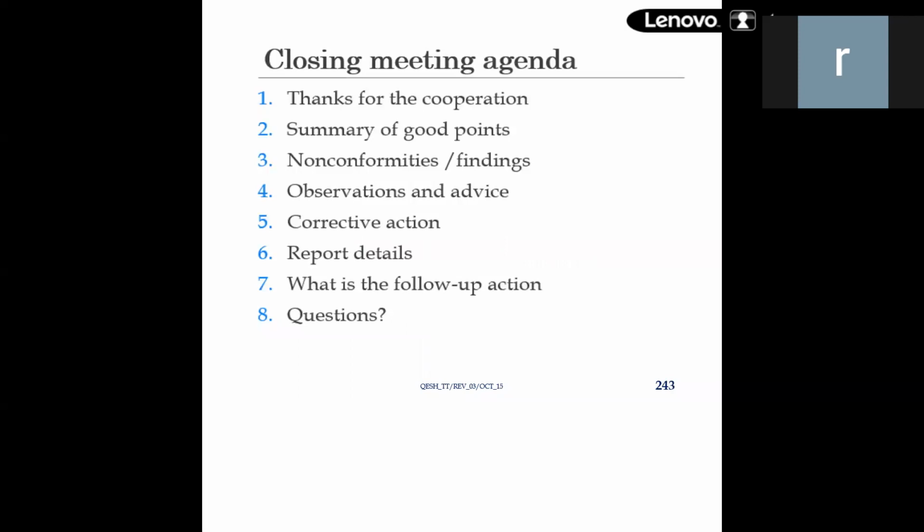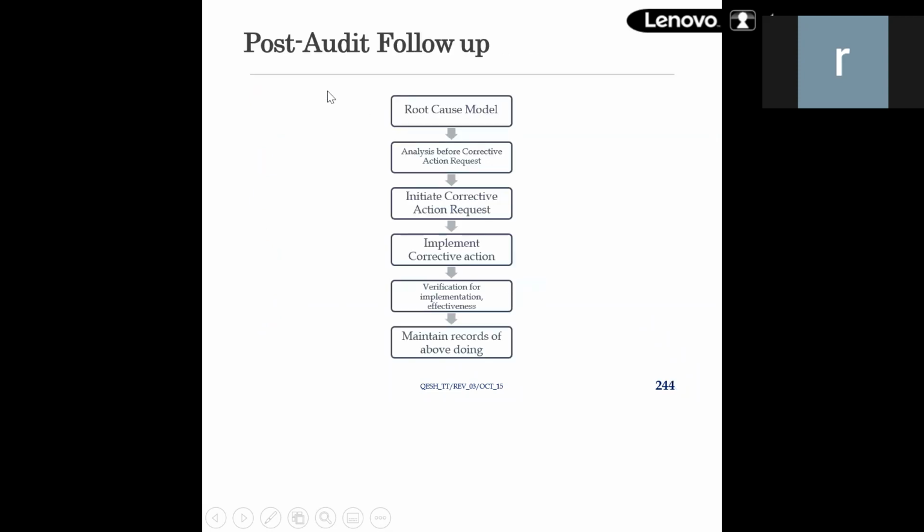Okay, so the agenda: thanks for the cooperation, summary of good points and conformity findings, observations and advice, corrective action, report details, what to follow up, and questions. So, post audit follow up. They have to do root cause analysis before the corrective action request, then initiate the corrective action request, implement the corrective action, and verify the implementation and effectiveness.